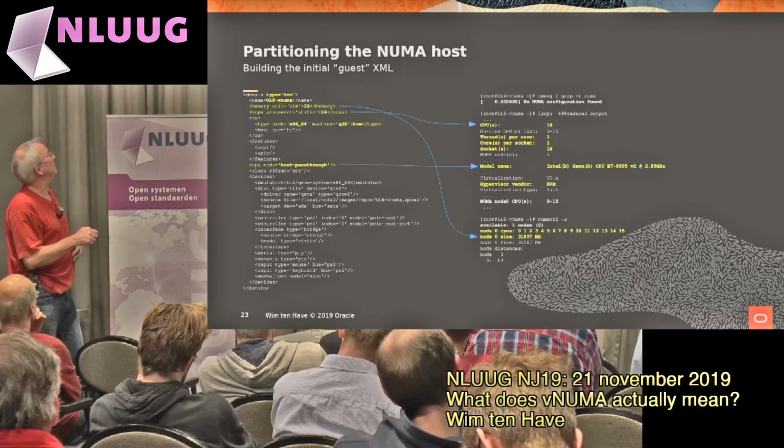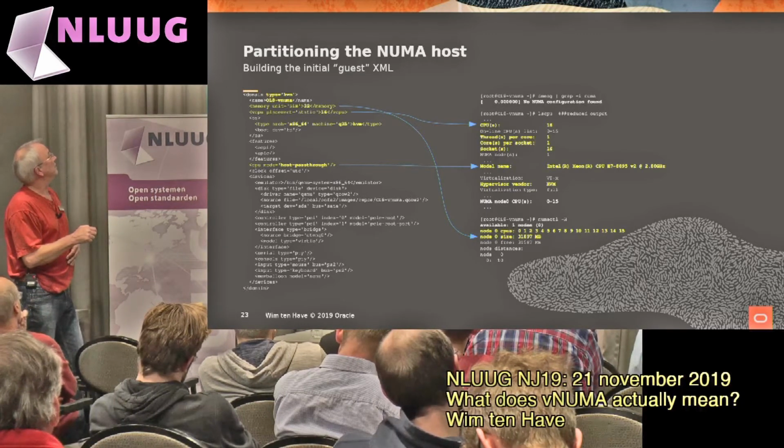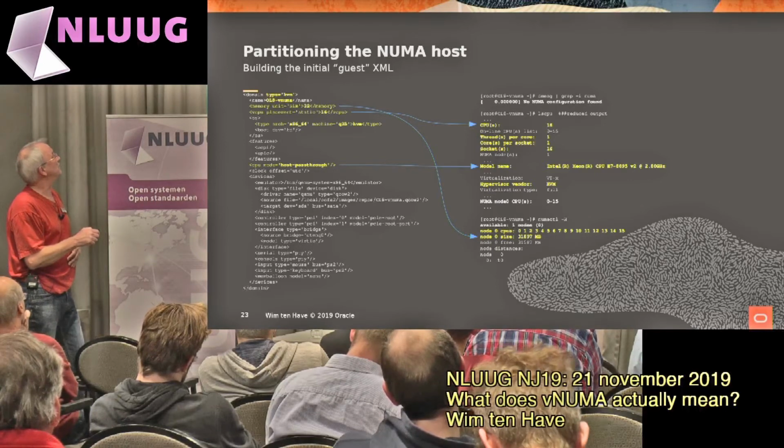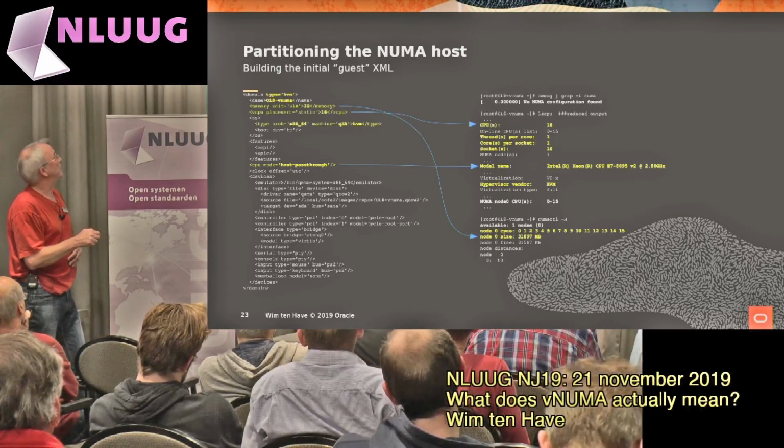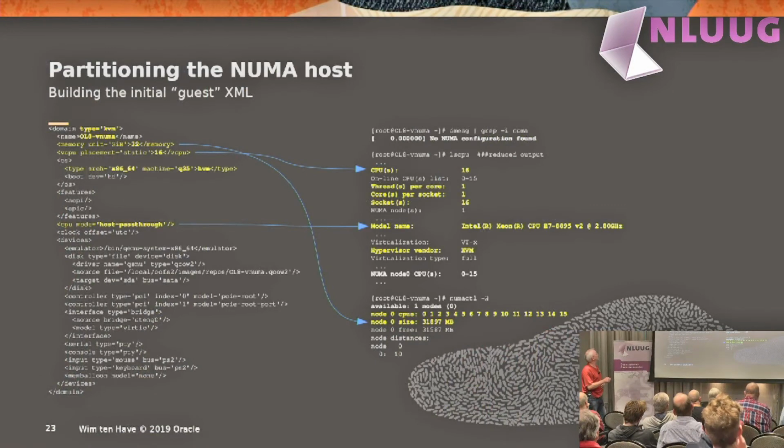Like you can tell it this is the guest domain name, and I want you to equip it with 32 gigabytes of memory, and I want you to give it 16 virtual CPUs, and I want to base the guest on a Q35 architecture.